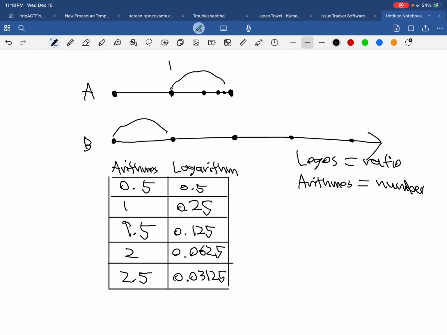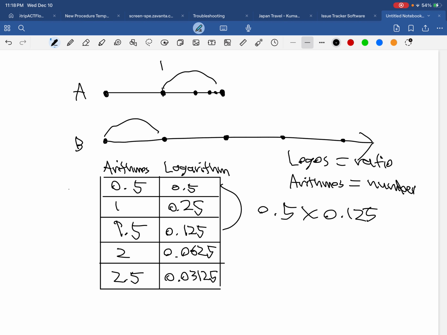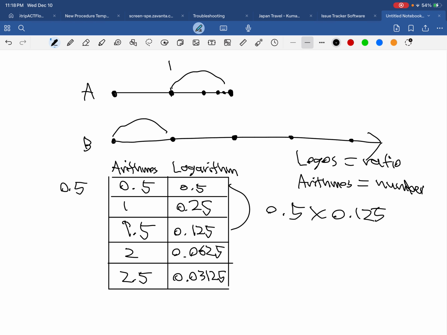So let's say we want to multiply 0.5 times 0.125. Well, 0.5's number is 0.5, and 0.125's number is 1.5.